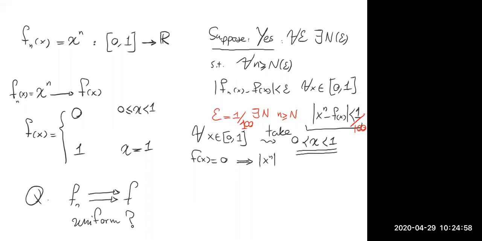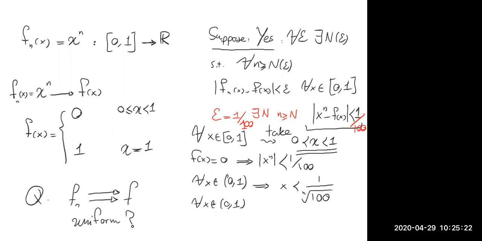So it means x to the n would be less than 1 over 100 for every x in this interval, which means x would be less than the nth root of 1 over 100, again, for every x in this interval. But is it correct? Is every number in this interval less than this thing when n is greater or equal than N?